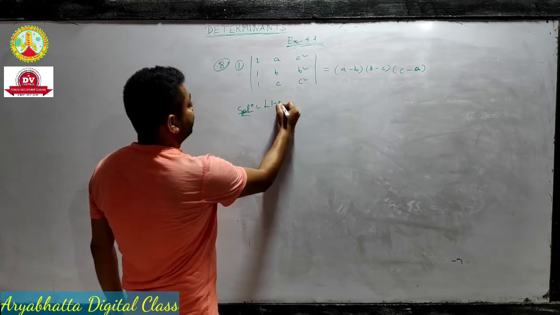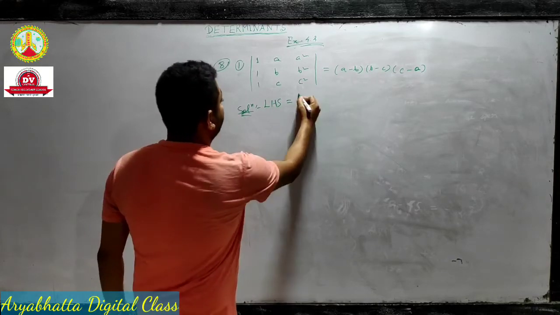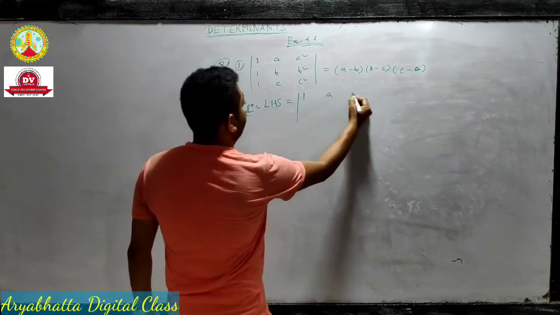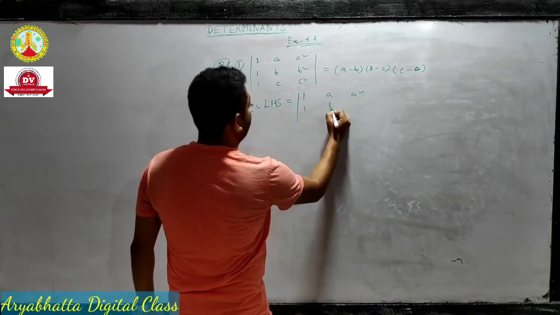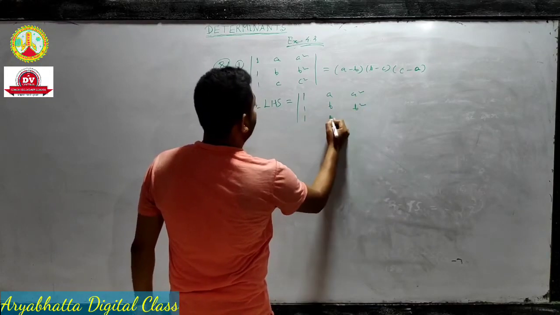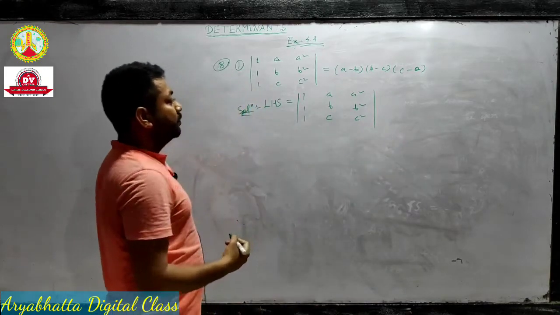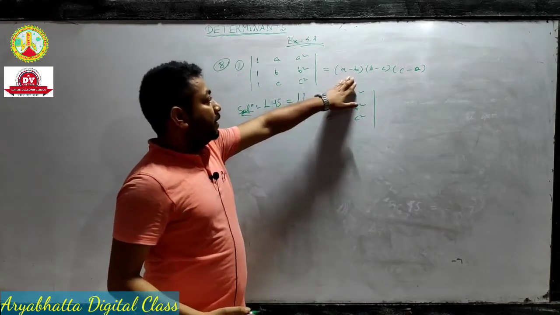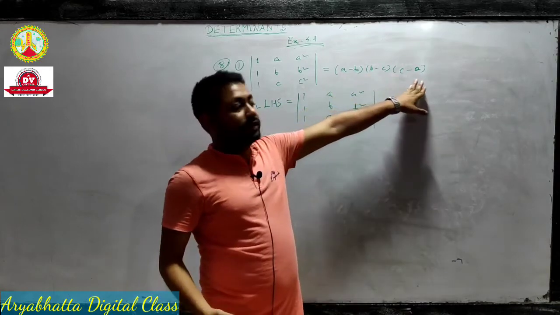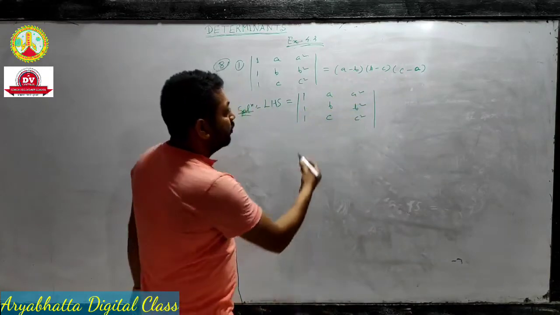Left hand side equal to the determinant 1, a, a square, 1, b, b square, 1, c, c square. Right hand side equal to (a minus b) into (b minus c) into (c minus a).